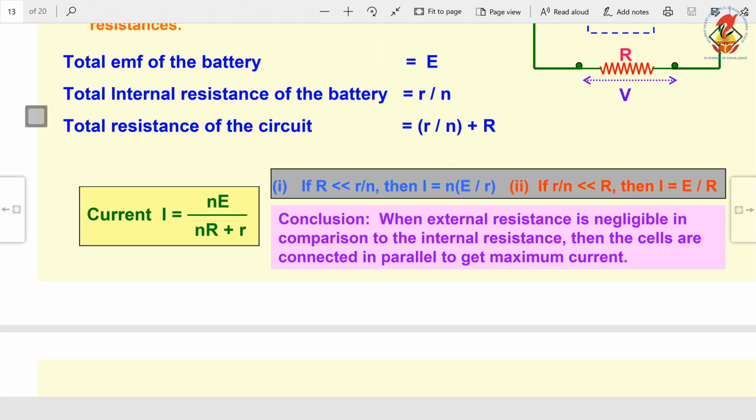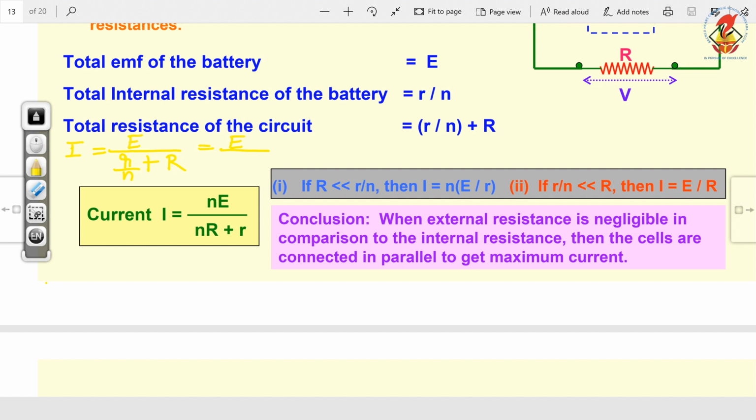Then current I is equal to E by r by n plus capital R. Then you have to take the LCM.